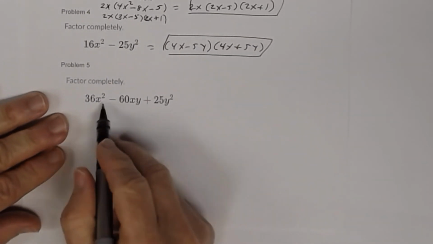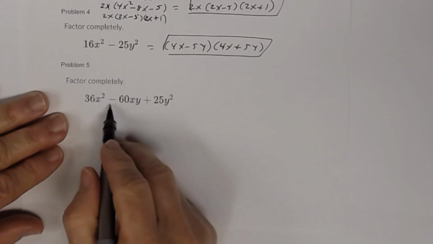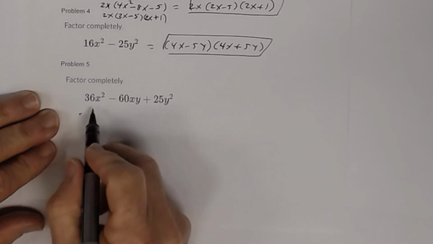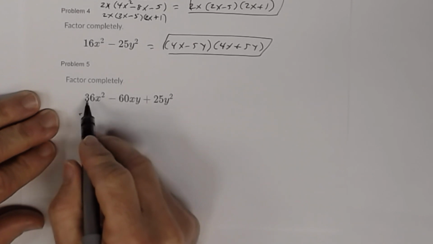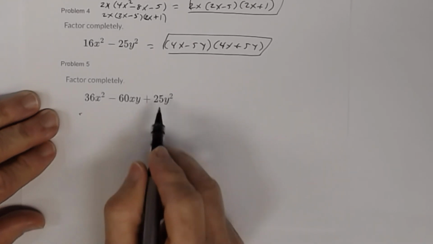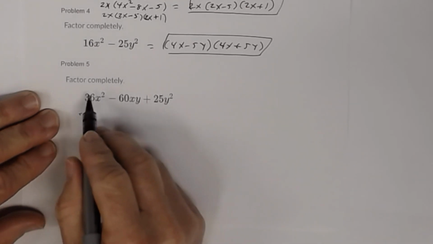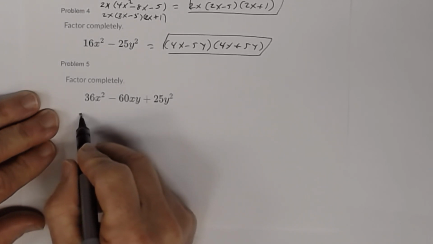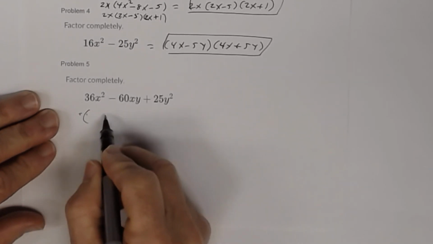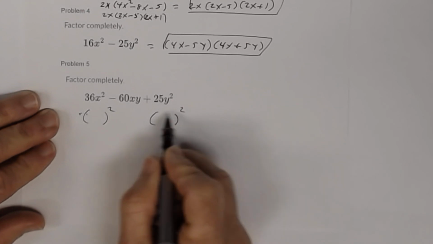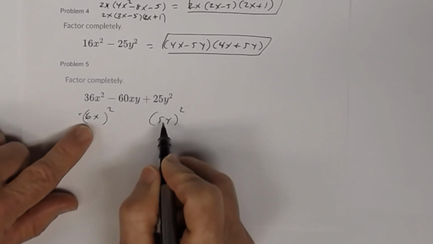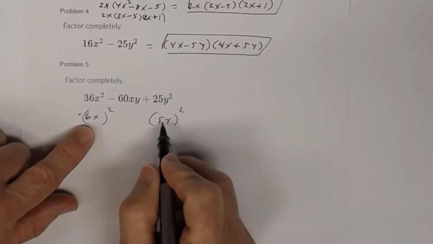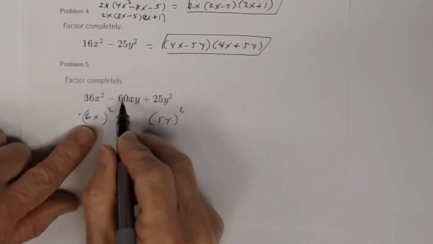And then over here, for this one, it looks like this is a perfect square trinomial because 36x squared is a perfect square, 25y squared is a perfect square. So in other words, when you look at this in terms of 6x and 5y, when you multiply 6x and 5y, that is 30xy, and then doubling it gives you that.